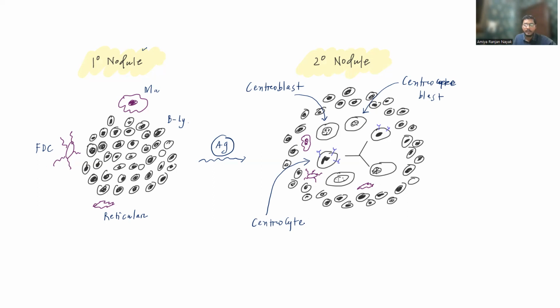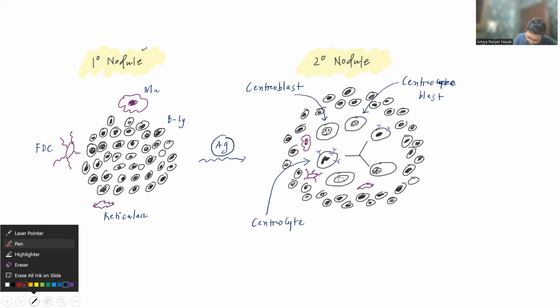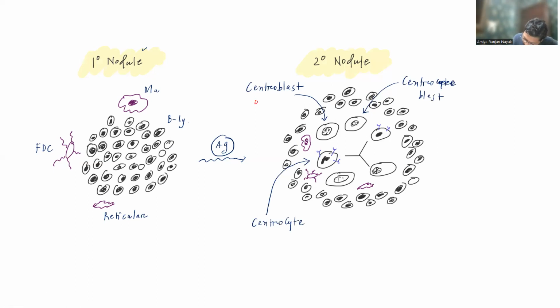Centroblasts are larger cells with completely open chromatin and prominent nucleoli, and surface immunoglobulins are not present. But centrocytes have a twisted or cleaved nucleus, and they will have surface immunoglobulins. So, centrocytes and centroblasts.